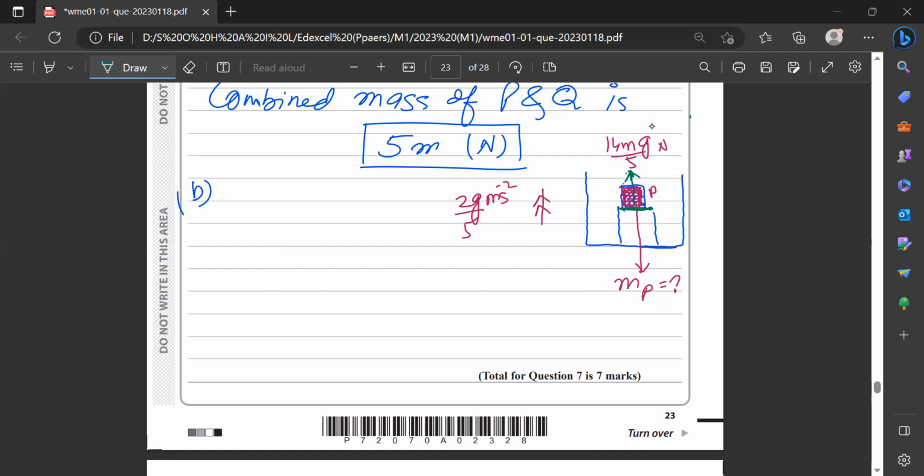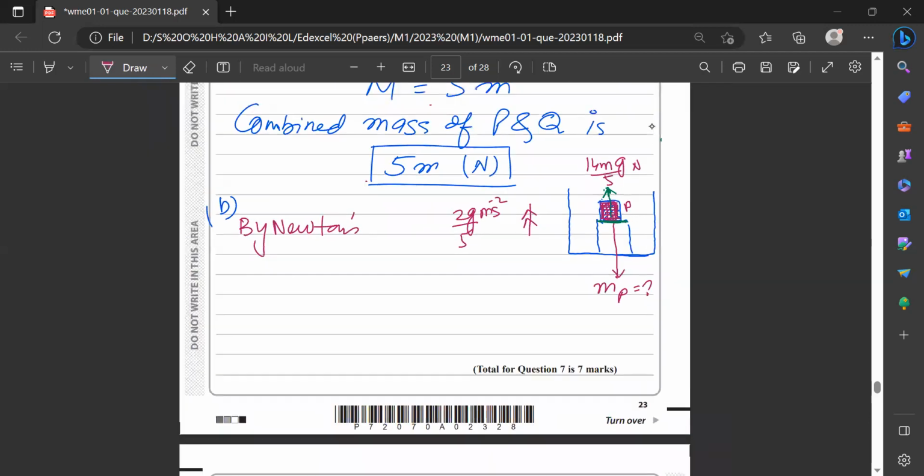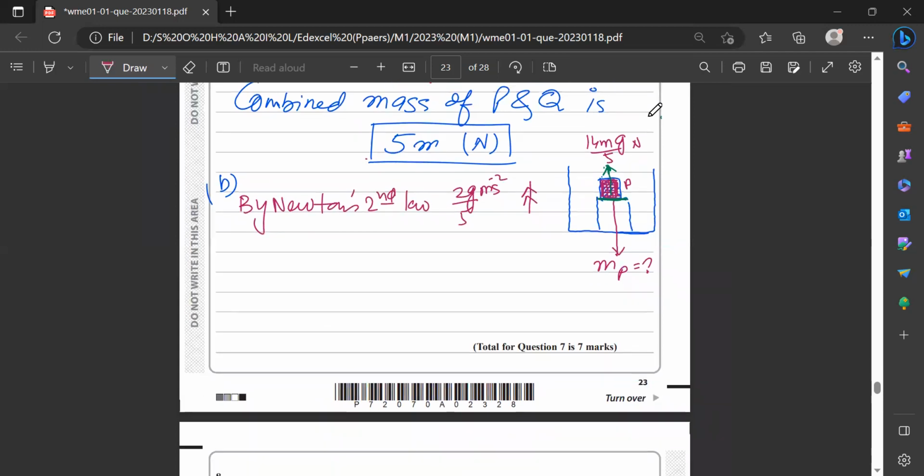So my focus is entirely here on this red block, using now Newton's second law on P, moving up, F equals ma.